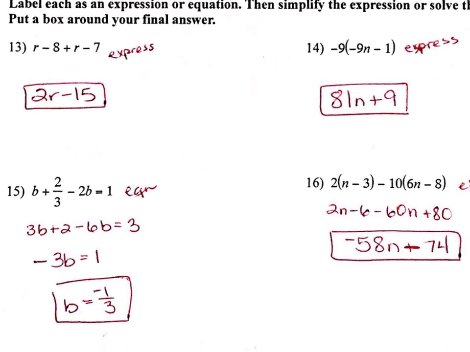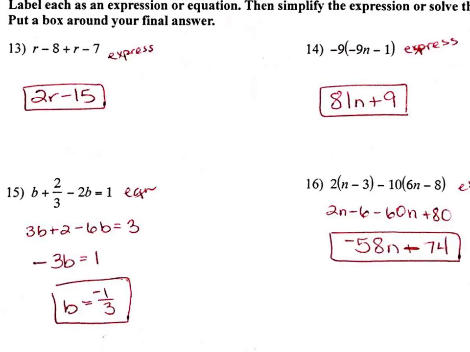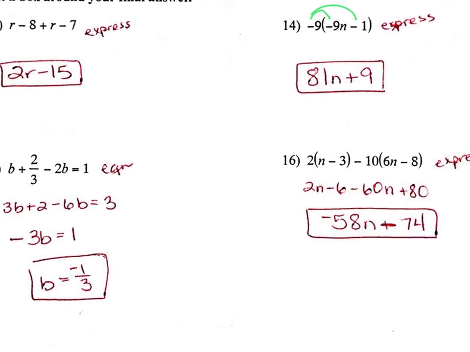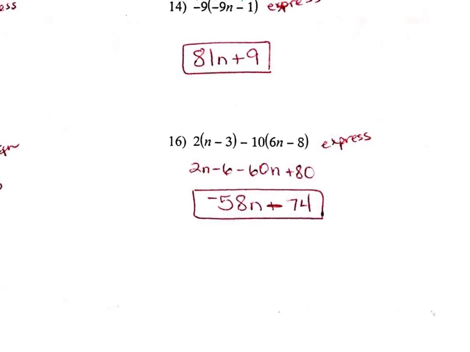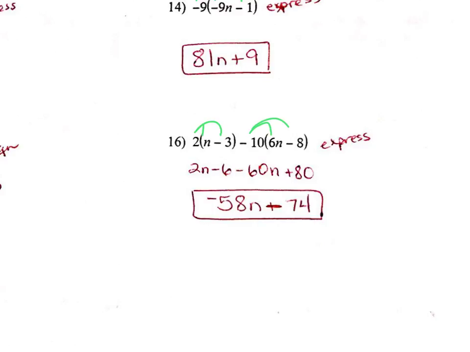On 14, I distributed. Remember that negative times a negative is going to give you a positive. So this is -9 that's distributing, so I get a positive for both of those. On question 16, so also an expression, I distribute two things. First, I distribute the 2, and then I distributed the -10.